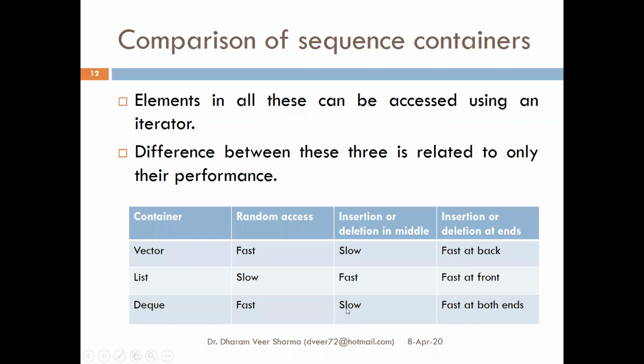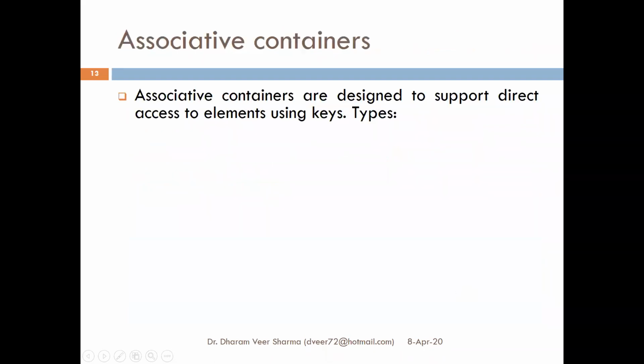DQ is again slow because shifting is required. But if insertion or deletion at the end is to be done, then vectors are very fast, lists are very fast, and DQs, since insertion and deletion can be done from both the ends, are very fast. So these are the containers.